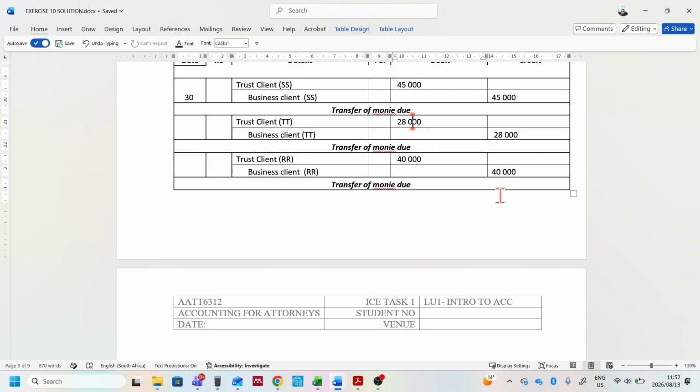You received an invoice from another attorney for the work you've done on your behalf. So when you receive an invoice from another attorney, it means that he's rendering a service on behalf of you, but for who?